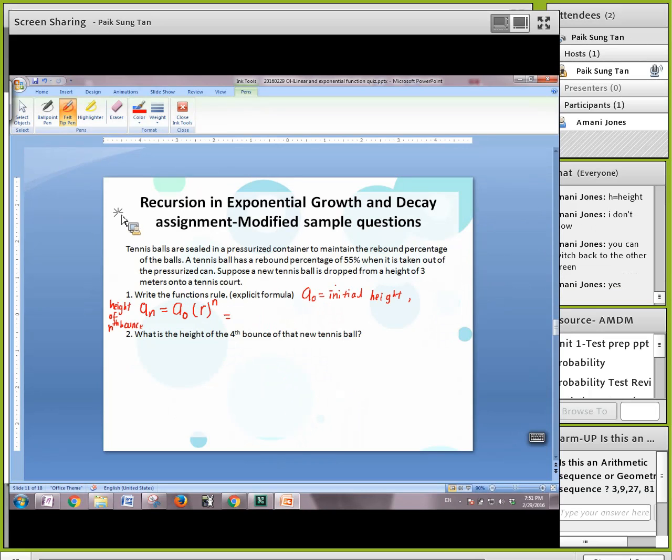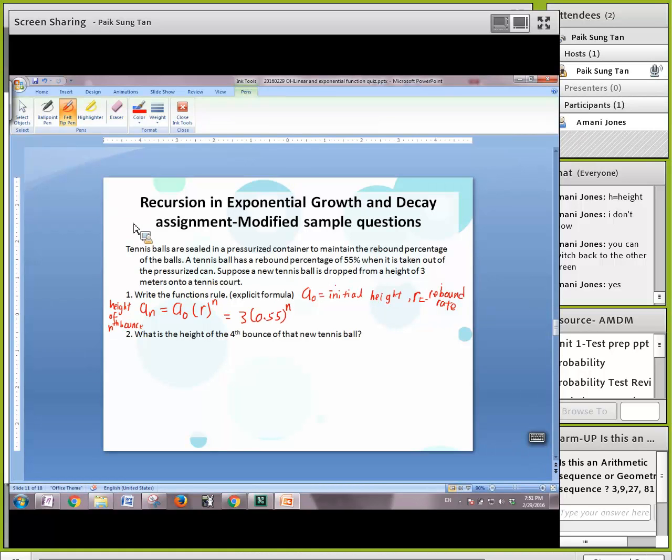And r is the rate, the bounce rate, the rebound rate. Okay, so the initial height is 3, and the rebound rate is 0.55. And then I want to know whether I use n or n minus 1.